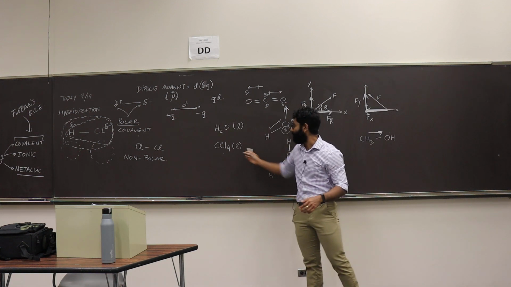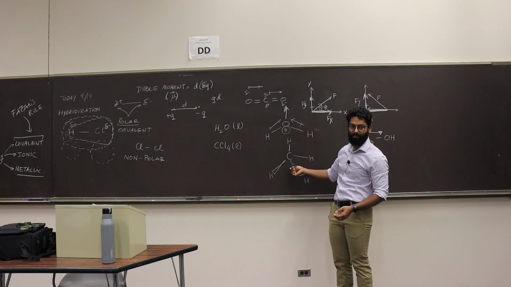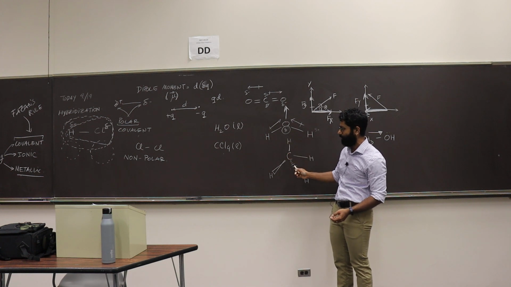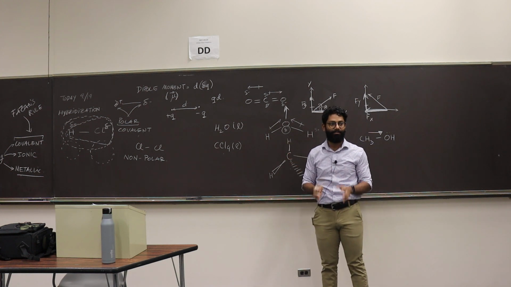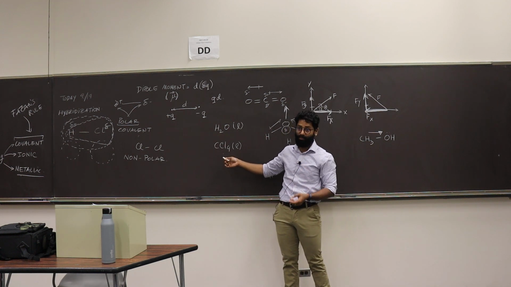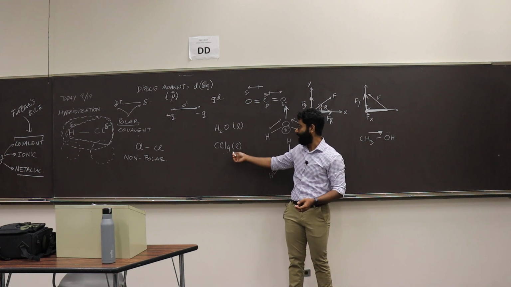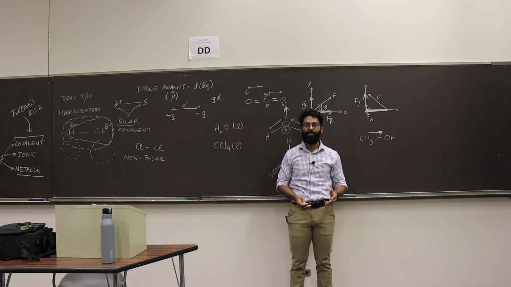So CCl4 by the same logic is also non-polar. CH4, CCl4, these are non-polar. So please keep in mind, like dissolves like. Non-polar compounds will be soluble in CCl4. Anything that is non-polar, like sulfur, maybe.